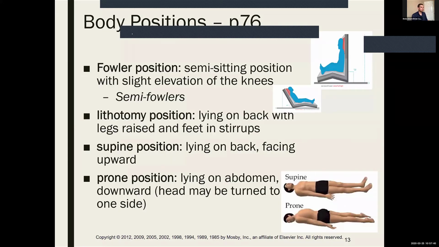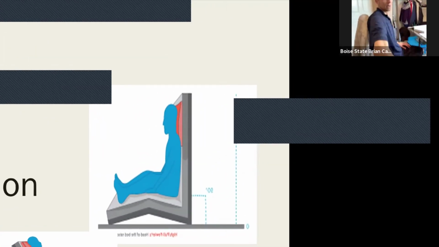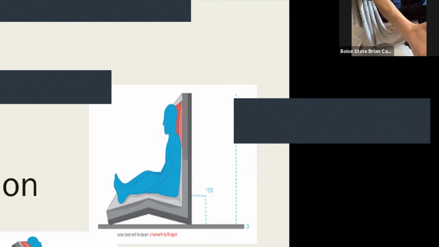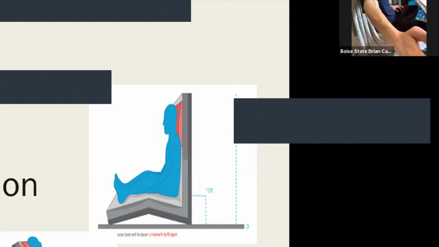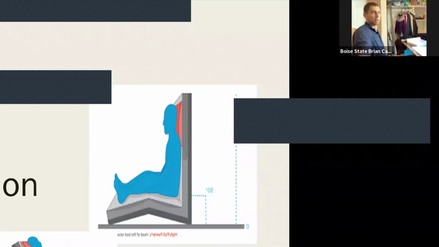Positioning. Fowler's position is me right now in this chair. So I am sitting upright, basically feet on the floor and in an upright fashion, not quite at a 90-degree angle here at my waist, but this is a Fowler's position.